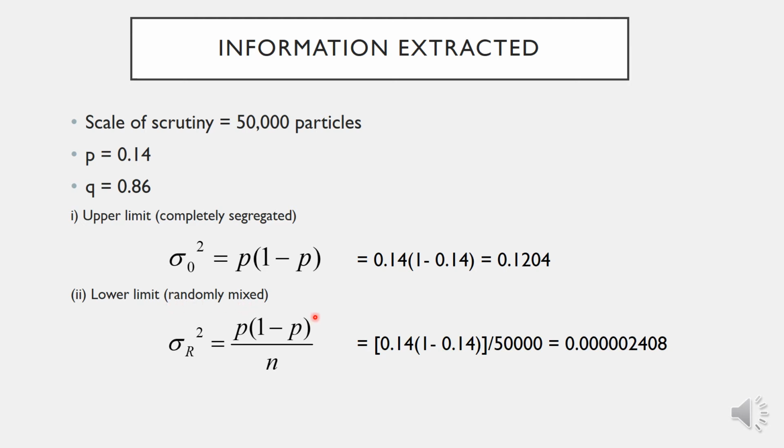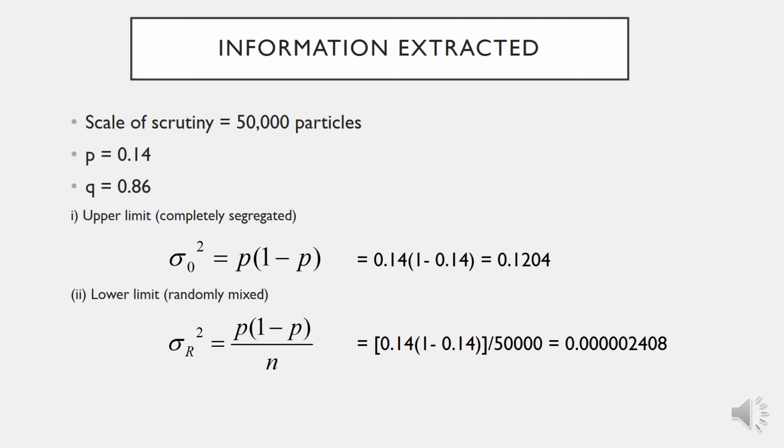The random mixture is given by the same mixture fraction, but divided by the scale of scrutiny, which is the number of particles we are looking into to consider this mixture as well mixed. So we have P times (1 minus P) divided by N. If we plug in the numbers, we should get our starting point and our end point.